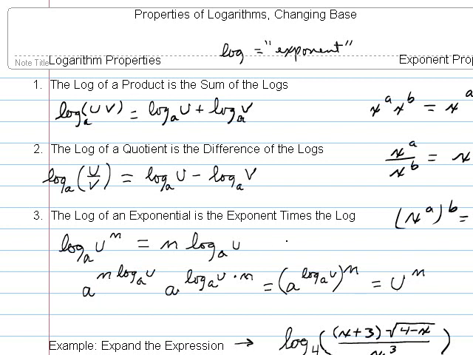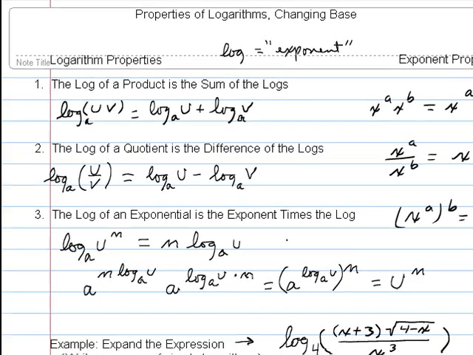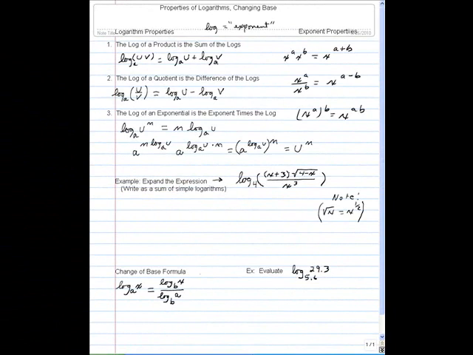Now, once you've got those properties, well, what do you do with them? Well, there's two main uses. If you look at my first example here, you have a log of something that's really complicated looking. We can use those properties to write these in terms of simple logs, sums and differences. So let's get started. It says the log 4 of a quotient. Well, we go to our quotient rule.